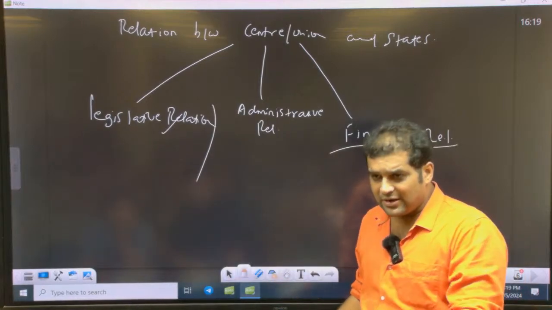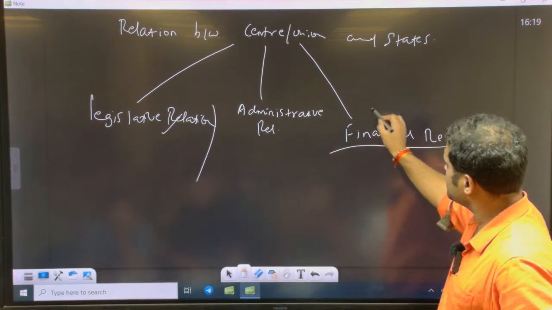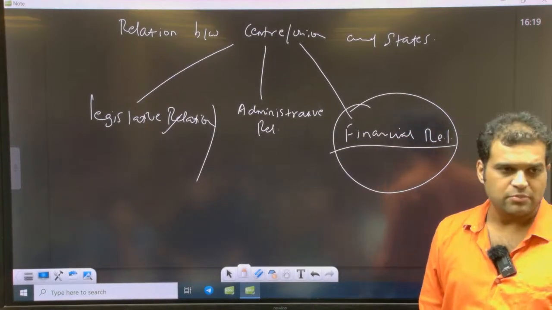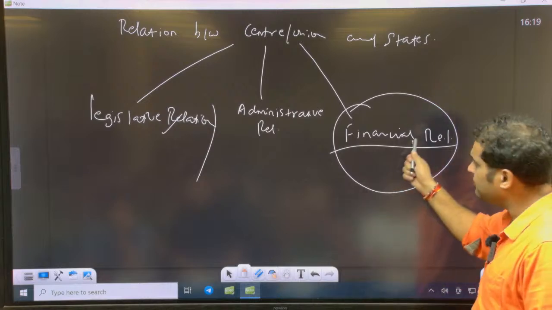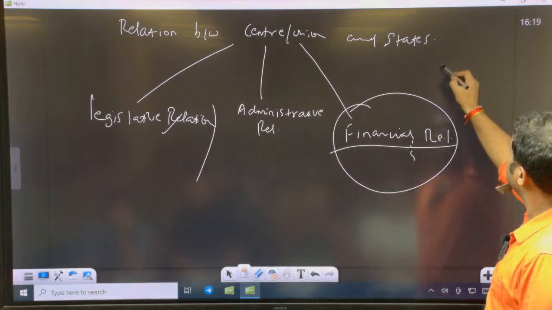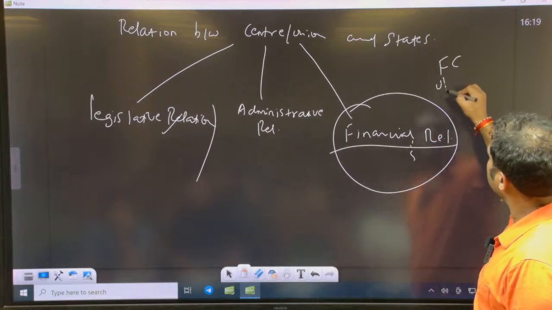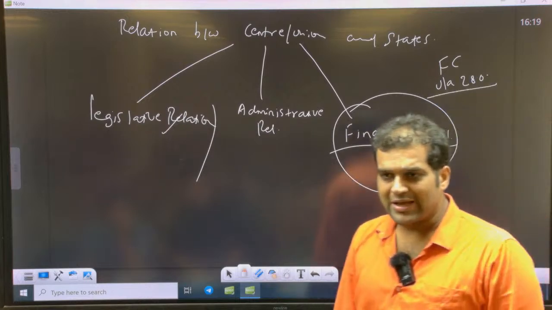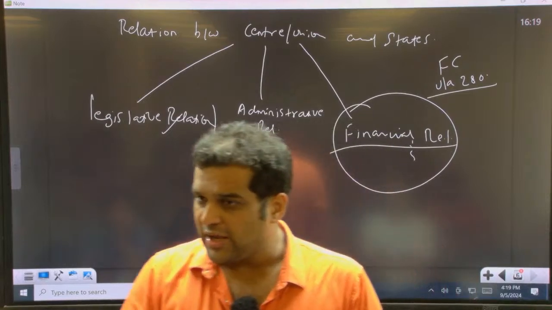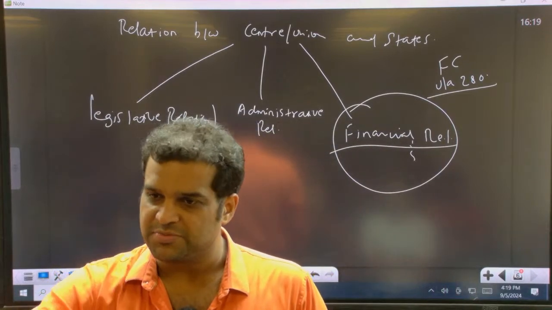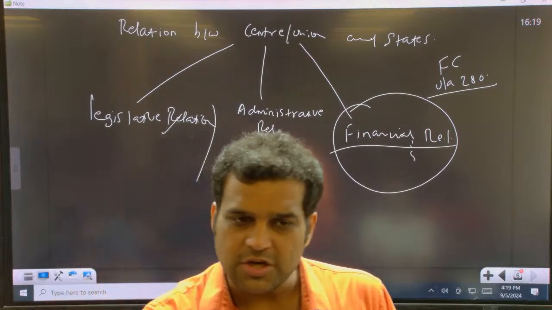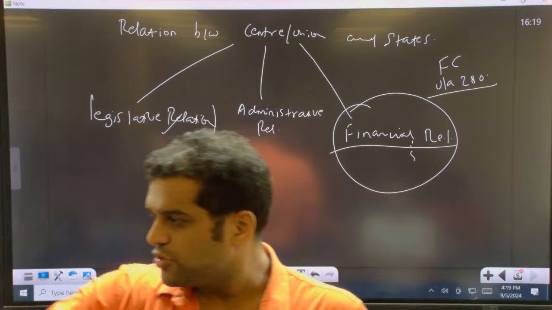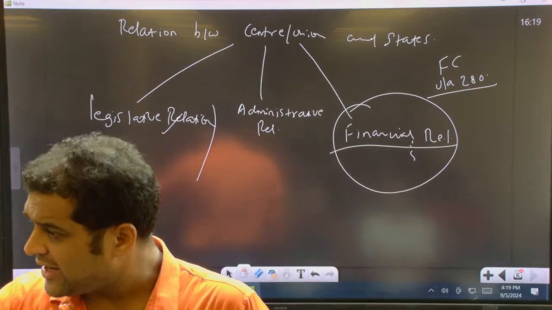And let me mention it, since the question of financial relations has arisen. Constitution has created a different body just to deal with this sort of dispute. It is Finance Commission under Article 280. Constitution has created a body just to deal with distribution of revenue, distribution of money between center and states.